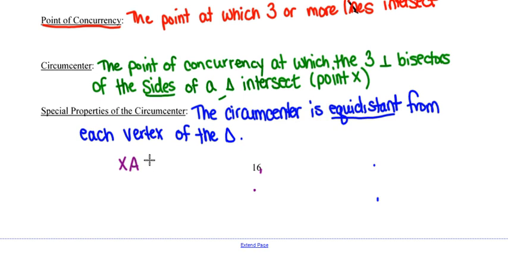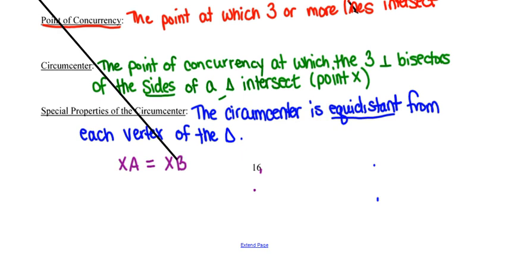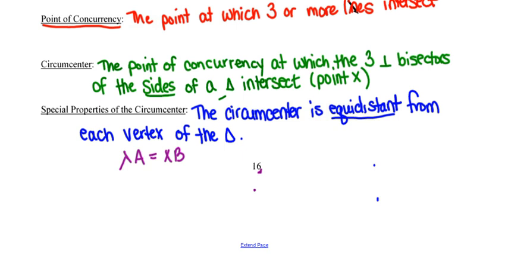Circumcenter X to vertex A is the same as circumcenter X to vertex B, which is the same as the distance from circumcenter X to vertex C.